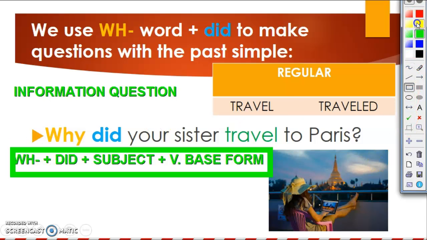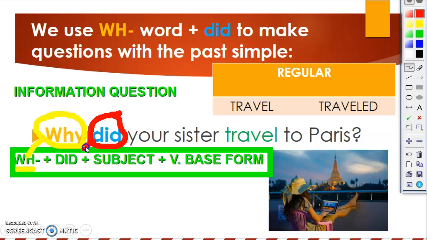Now we are going to see if we have all the elements. We have why, this is the WH word. Then we need the auxiliary did. Yes, we have did. Then we need a subject. Your sister. This is the subject.